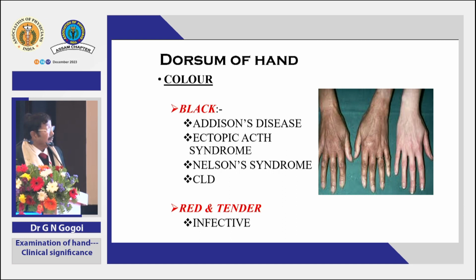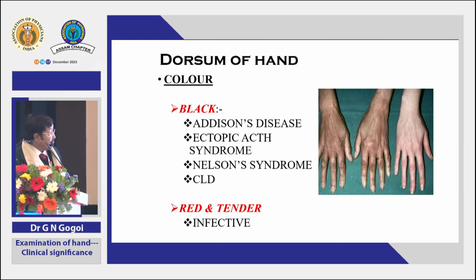Then to examine the hand proper, let us begin from the dorsum of the hand. The color may be black. When the color is black, then among the other parts of the body, we immediately look at the face. If the face is emaciated, it can be Addison's disease, or it can be a case of chronic liver disease. But if the face is a moon face, then you must think of ectopic ACTH syndrome.